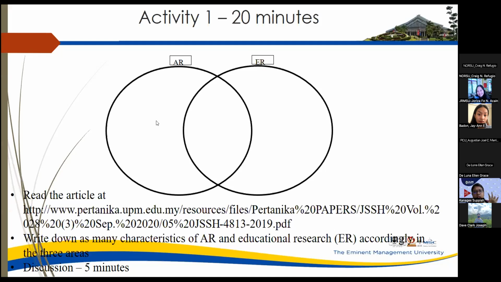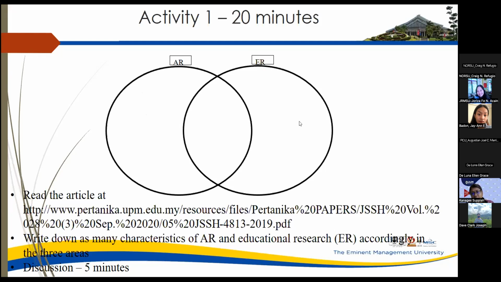And then try to fill in this Venn diagram, whereby you fill in the characteristics of action research only here, characteristics that fit into both educational research and action research in the intersection area, and characteristics that fit only educational research in this third area.